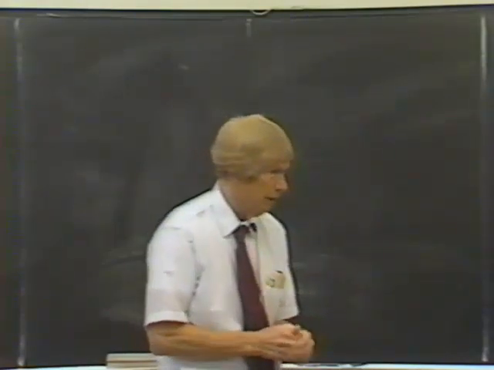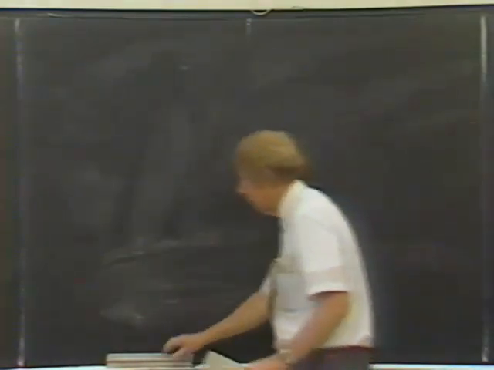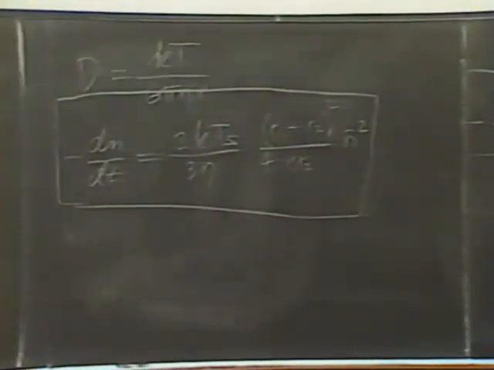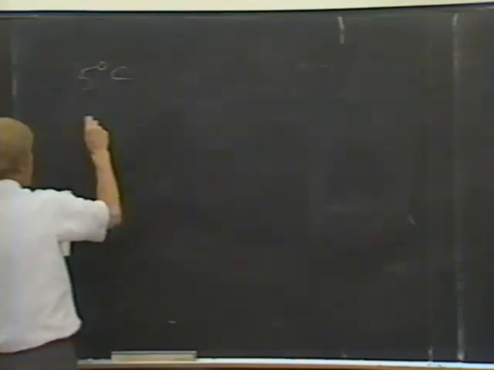A couple more things I'd like to say about Brownian motion coagulation. First of all, we can use this relationship to calculate 1 over t sub c, let's say for 5 degrees centigrade and for 20 degrees centigrade, a common range of temperatures in estuaries.